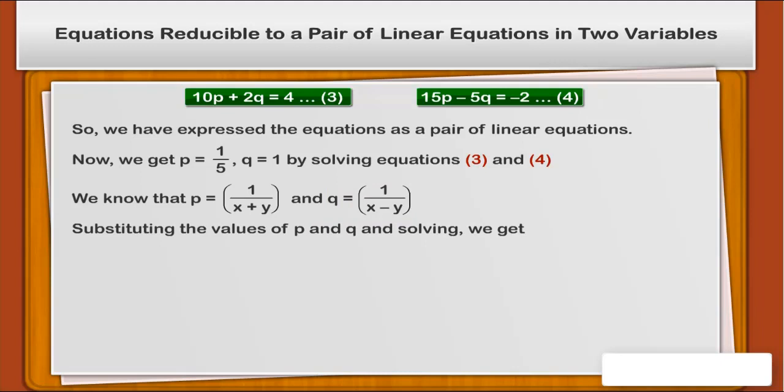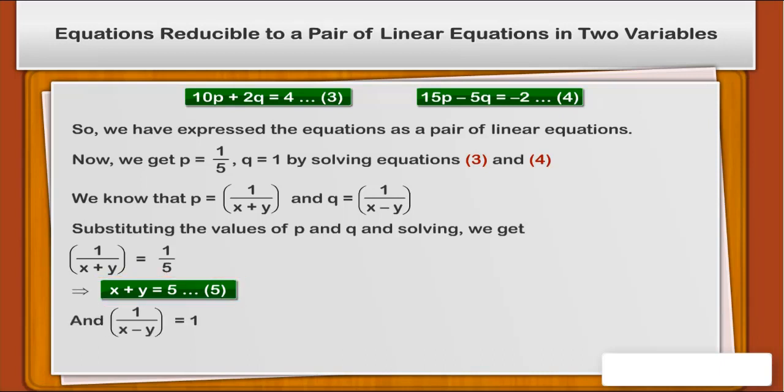Substituting the values of p and q and solving, we get 1 upon (x plus y) is equal to 1 upon 5, which implies x plus y is equal to 5. This is now equation 5. And 1 upon (x minus y) is equal to 1, which implies x minus y is equal to 1. This is now equation 6.